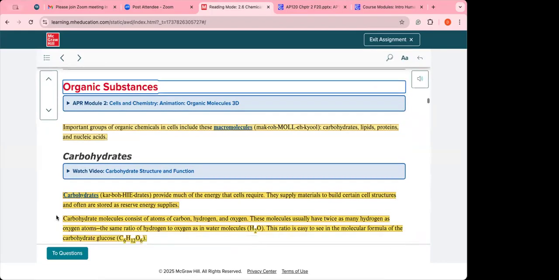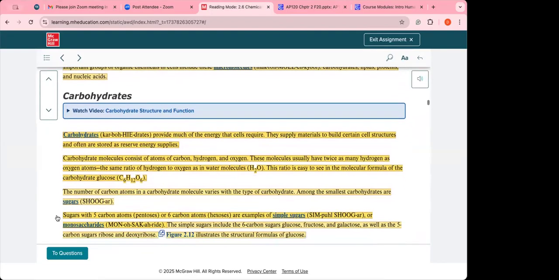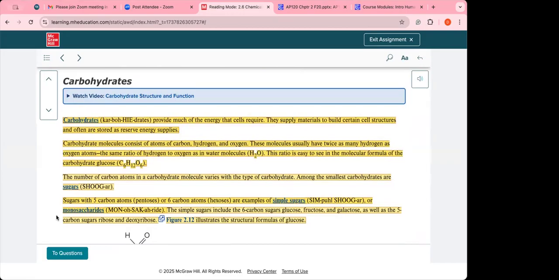Okay. So carbohydrate molecules consist of carbon, hydrogen, and oxygen. These molecules usually have twice as many hydrogen as oxygen atoms. Here's glucose right here. So glucose is on your list. Okay. What else?